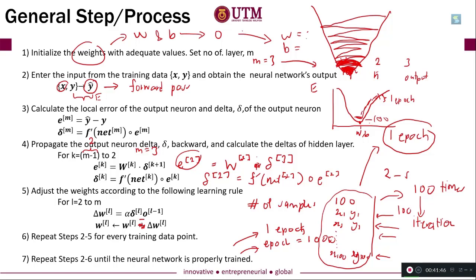If you set it too big and finish at 1000, that may look optimized, but actually the real optimum is not that one. You can go deeper there. So that's why you need to change alpha to a smaller alpha.